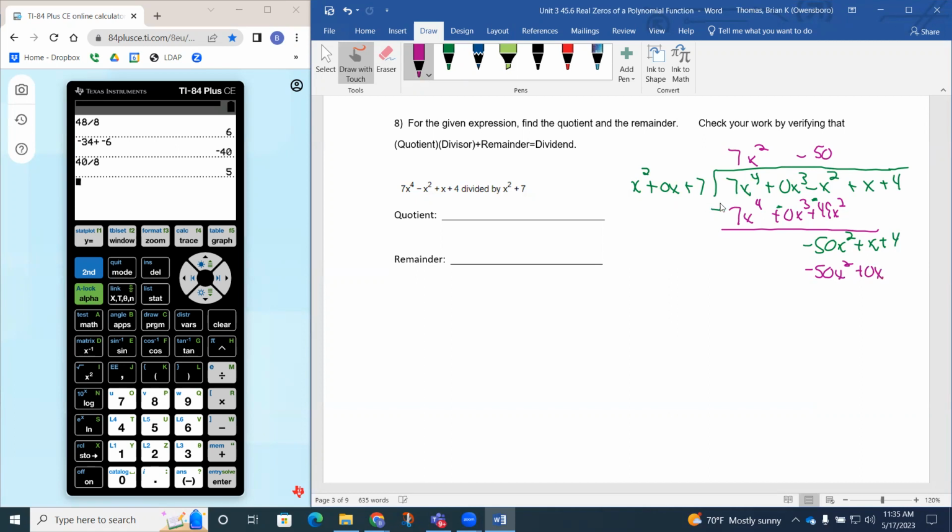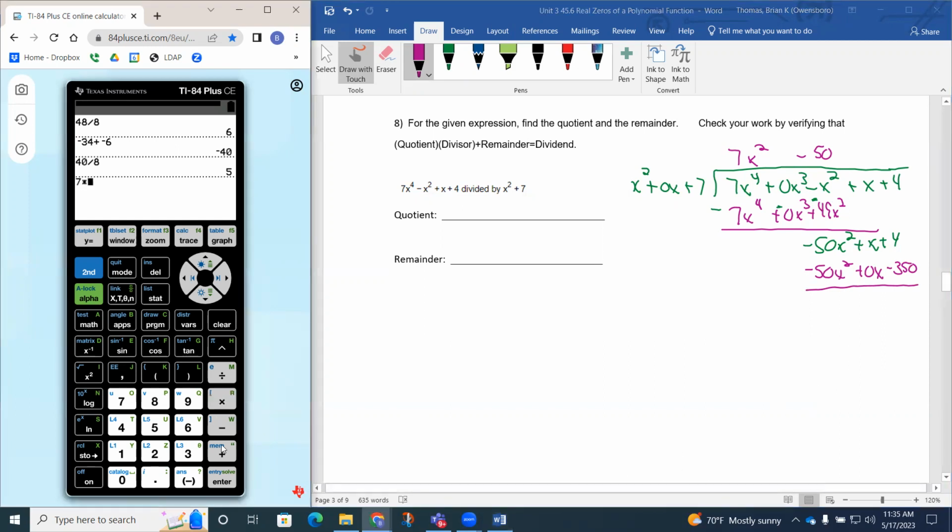And negative 50 times 7 would be negative 350. If we want to double check ourselves, 7 times negative 50 does give me negative 350.